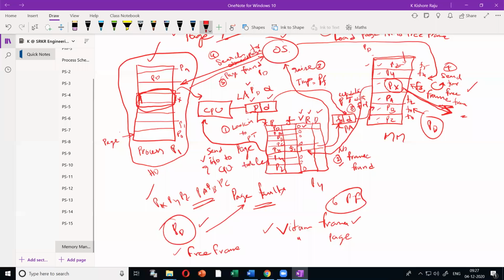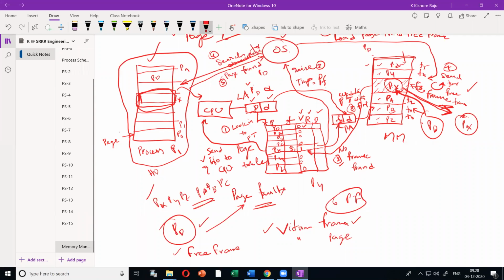Then instead of PX, I'll load PD. I made PX the victim page, and that's why this frame is called the victim frame. So it is free now. Which page is waiting? PD is waiting. The waiting page will be loaded in the free frame, and PX will be kept out.